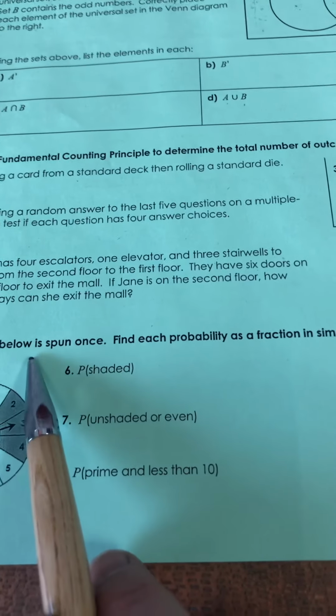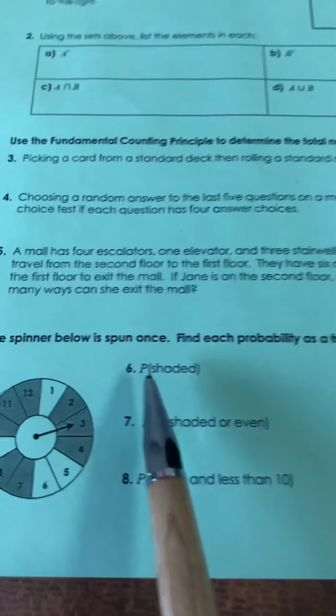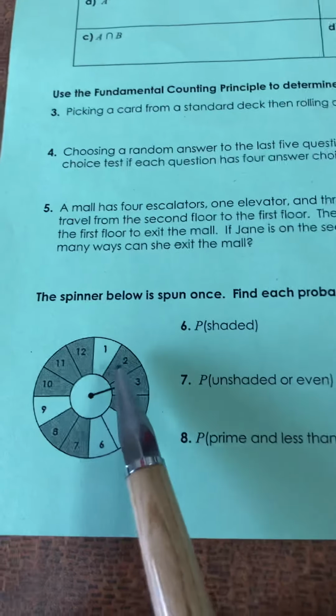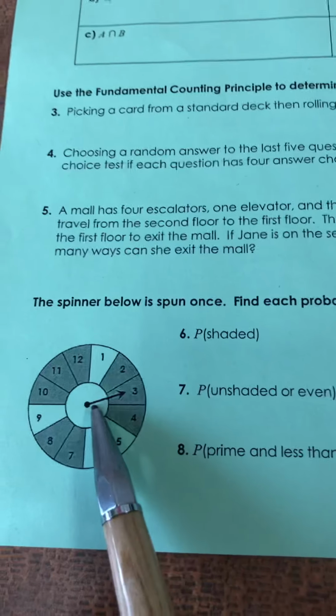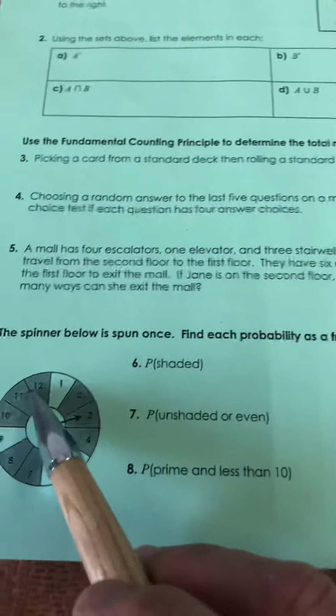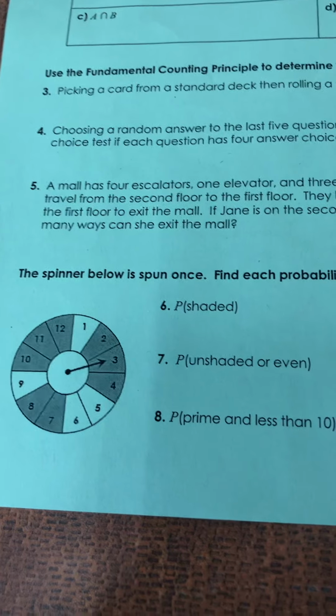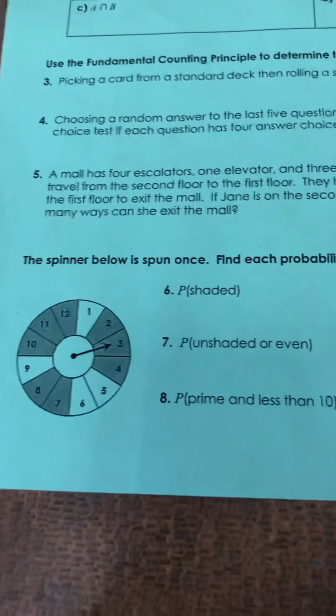The spinner below is spun once. Find each probability as a fraction in simplest form. So we just want the shaded. Count all the shaded ones over the total number of sections. That is what you want for number 6. Reduce that fraction.